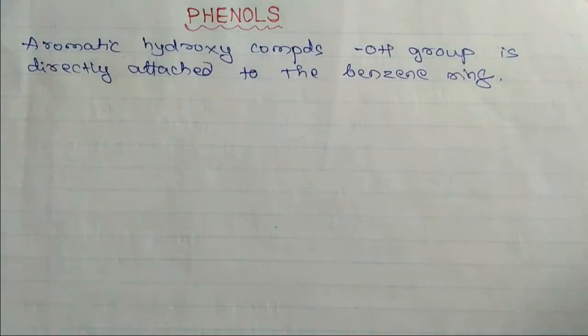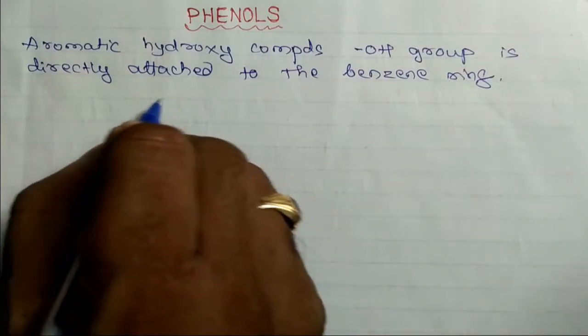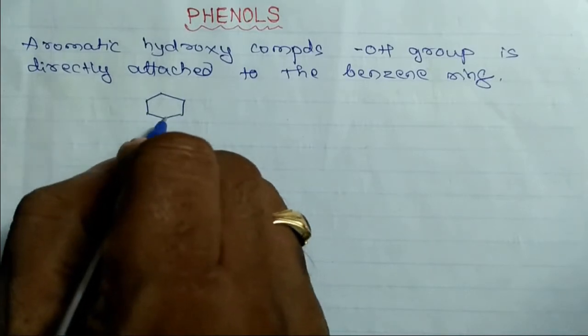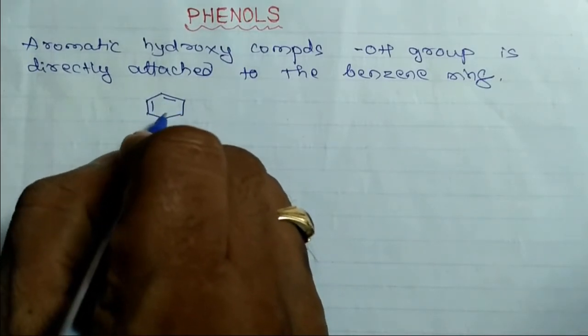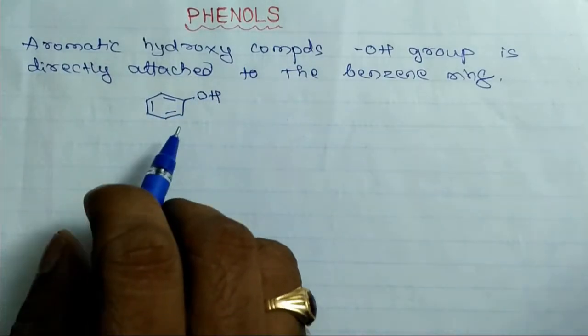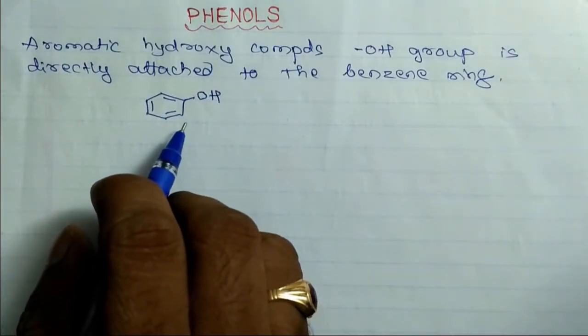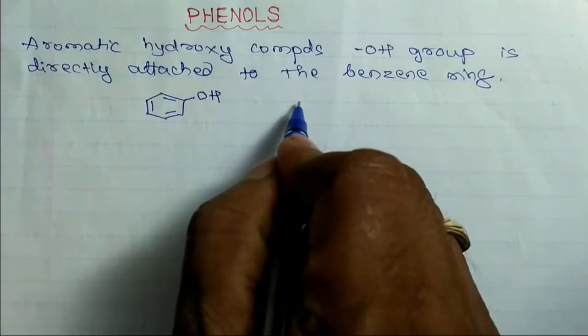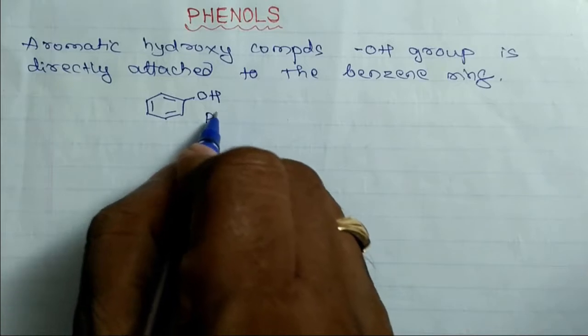Now let us see the classification. For example, this is a benzene ring. If an OH group is attached to the benzene ring directly, such organic compounds are called phenols. This is phenol.